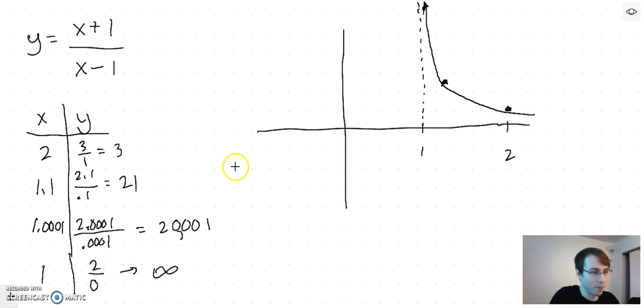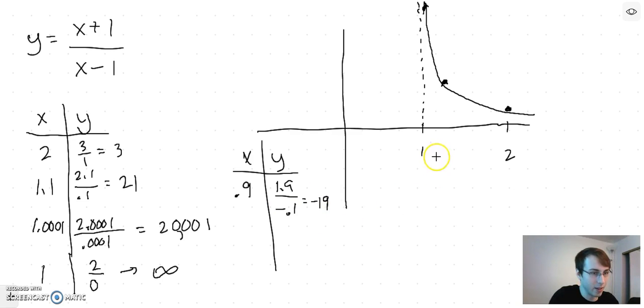Now, you should always check the other side too. Let's make another table of x and y. When x is like 0.9, then we've got y is 1.9 over negative 0.1. So that's negative 19.